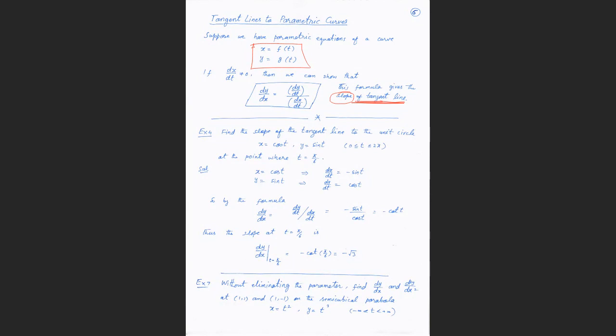slope, that is dy by dx is equal to dy by dt divided by dx by dt. Okay, and there is a condition that dx by dt should not equal 0. For example, if I give you the example x is equal to 4, y is equal to sine of t, and I say find the slope of this parametric equation, what is the derivative of x with respect to t?